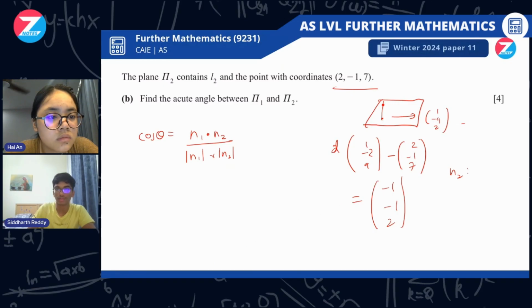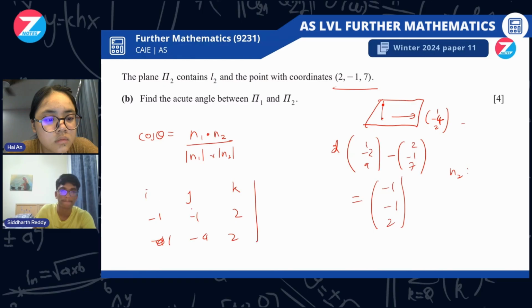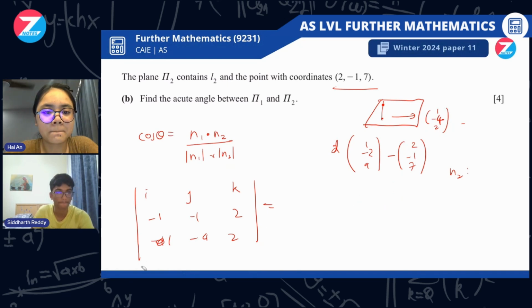So the other vector was (1, -4, 2). Let's take the cross product of these to find the normal vector of pi 2. We have i, j, k; -1, -1, 2; 1, -4, 2. So -1 times 2 minus 8, that's -2 plus 8, so that's 6 i hat.